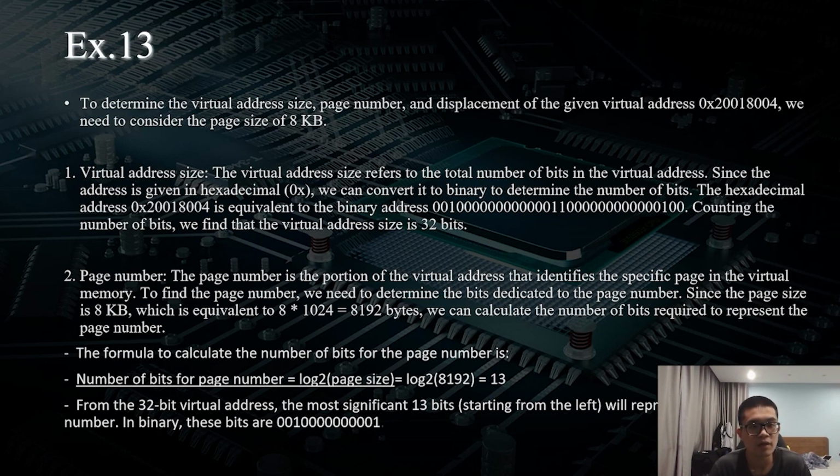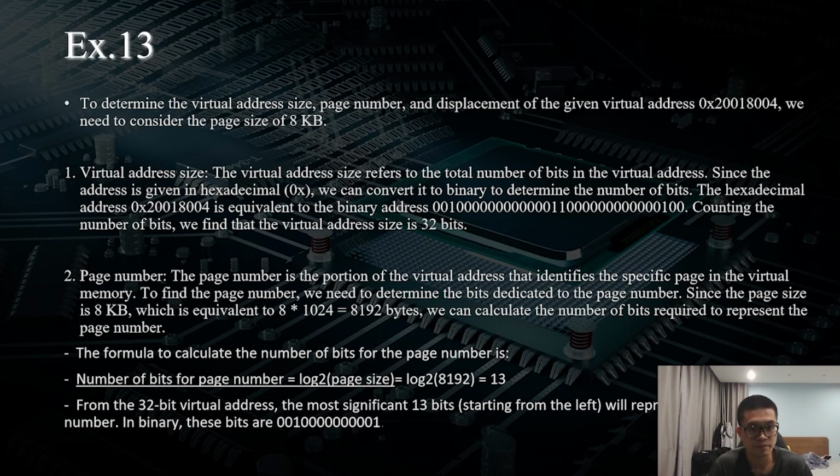Number two, page number. The page number is the portion of the virtual address that identifies the specific page in the virtual memory. To find the page number, we need to determine the bits dedicated to the page number since the page size is 8 kilobytes. We calculate the number of bits required to represent the page number.